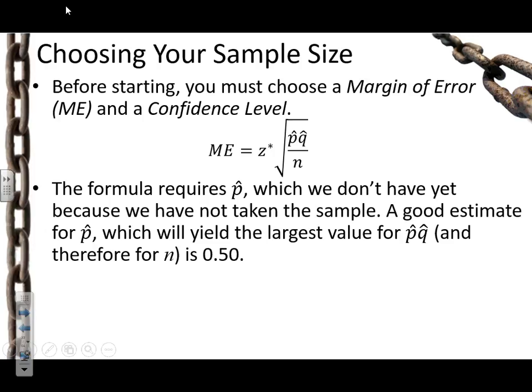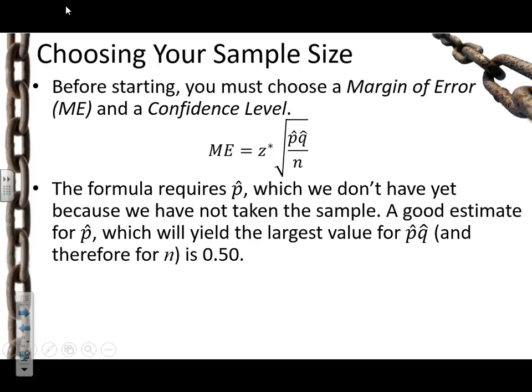They will tell you those values. But what we're going to do is use p hat and q hat at 50% apiece. So p hat at 50, q hat at 50. That's going to give us our largest possible product, which means it's also going to give us our largest possible sample size, which is what we want.